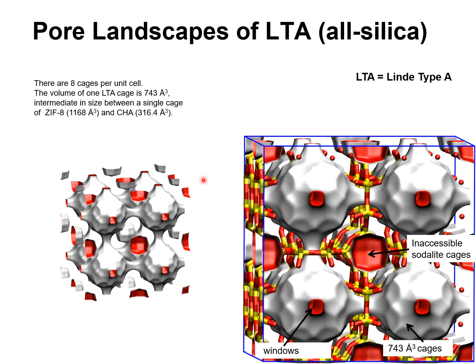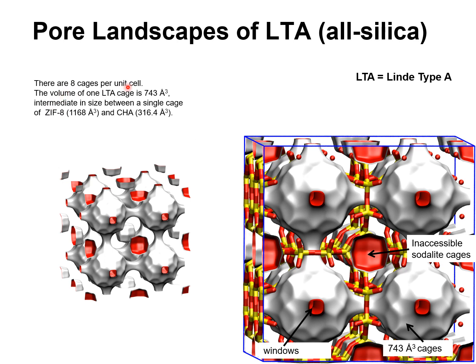This slide shows the pore landscape of the all silica version of LTA zeolite. LTA stands for Linde type A, Linde being the name of the corporation that was responsible for its synthesis. Here is the structure of one unit cell.